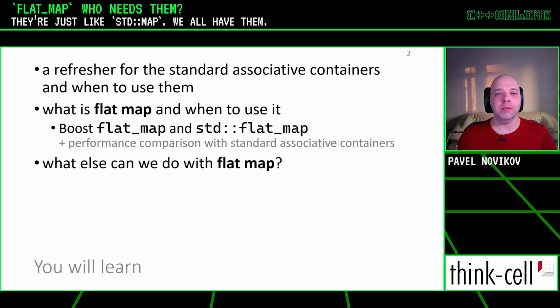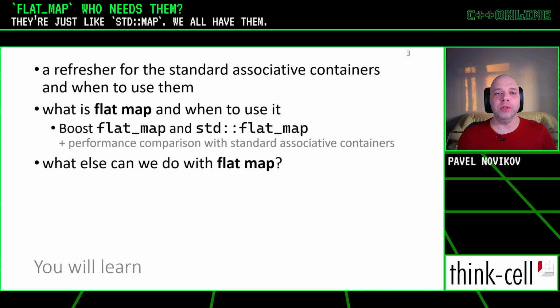So I hope you will learn from this talk, or rather I will try to remind you about standard associative containers and when to use them. We'll talk about what is flat map. We'll talk a little bit about boost flat map implementation and STD flat map proposal that I believe is in C++23.